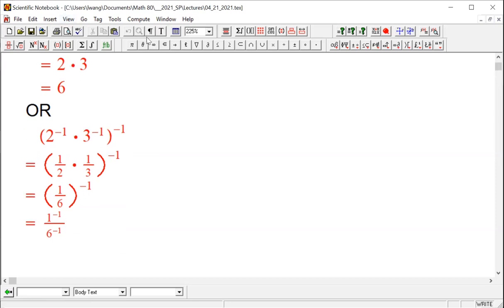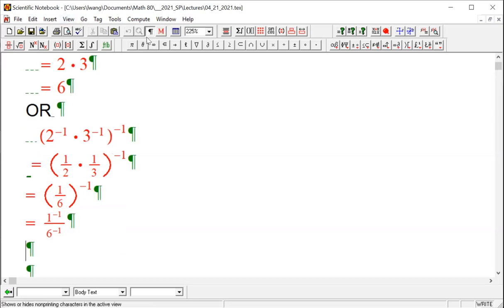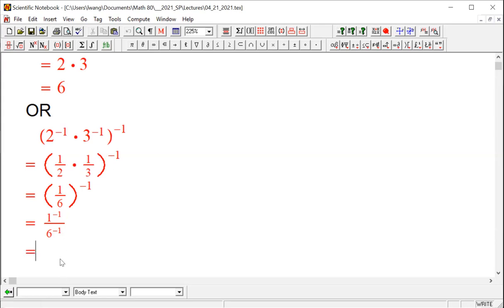In the end, you still get the same result: the 6 to the power negative 1 flips up.